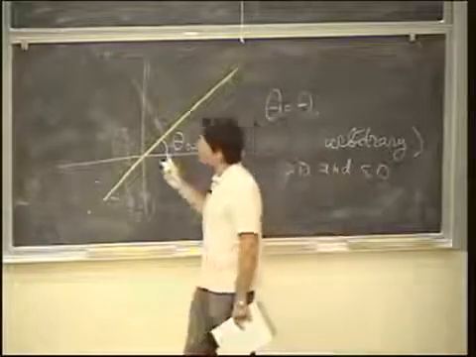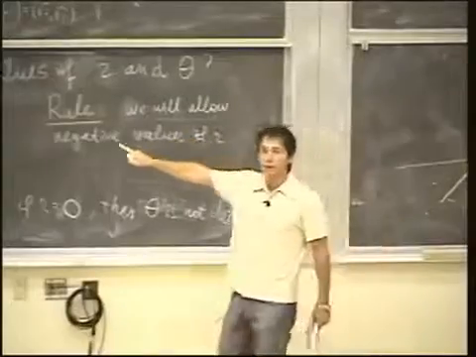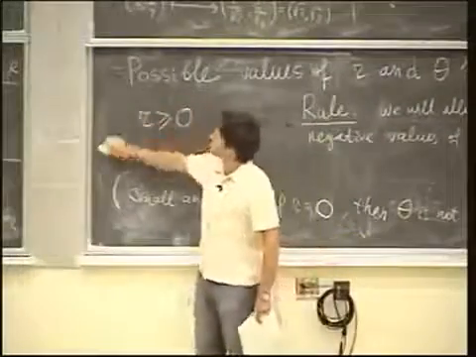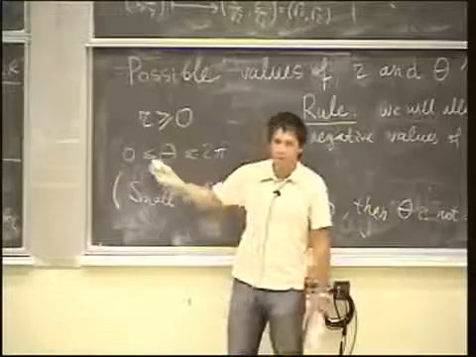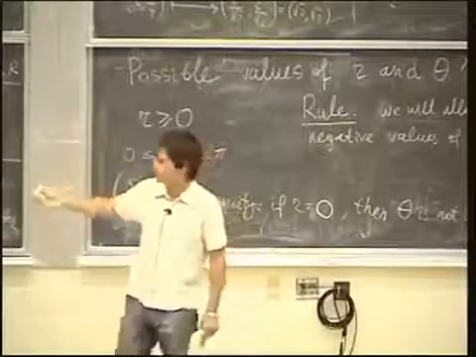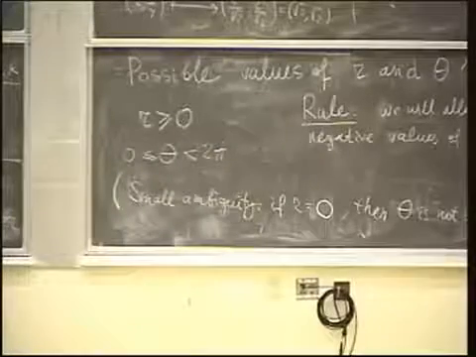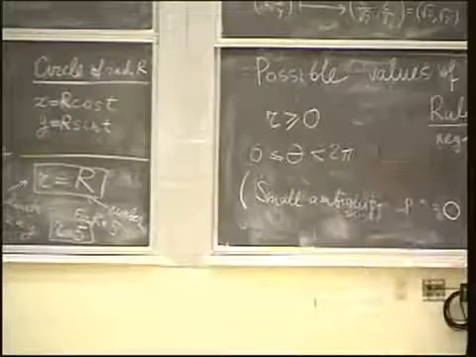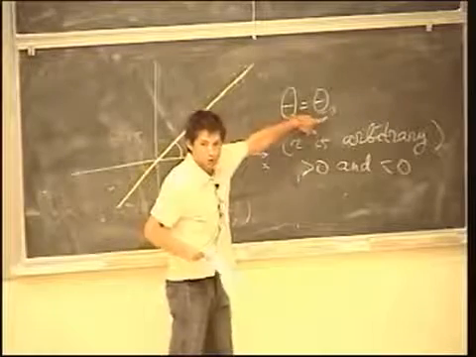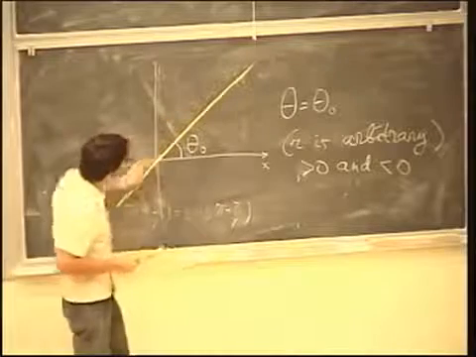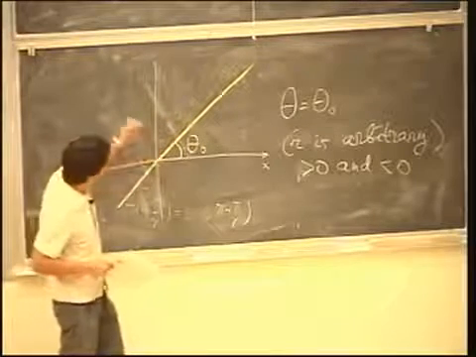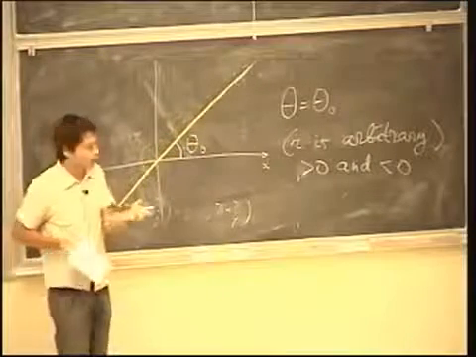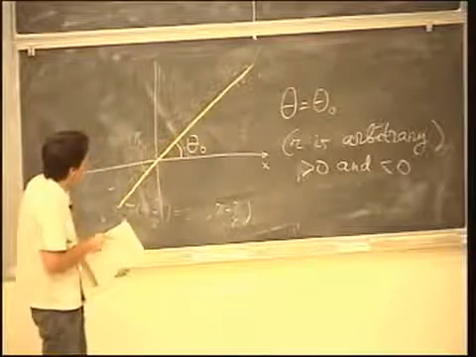So in fact, this is the reason why we introduced this rule, which may look strange at first sight. Because remember, as I said at the beginning, strictly speaking, r should be non-negative. If we follow the definition of polar coordinates, in which r is just a distance, it has to be non-negative. But if we were to adopt this point of view, then the equation theta equals theta 0 would correspond not to this entire line, but only to half a line, a kind of ray which goes from the origin to infinity, which is fine. It's a fine geometric object in its own right.